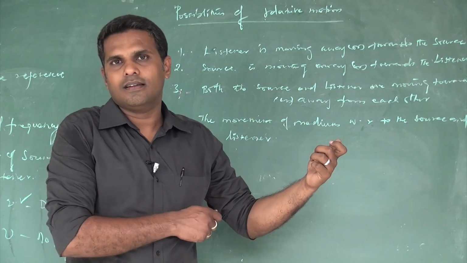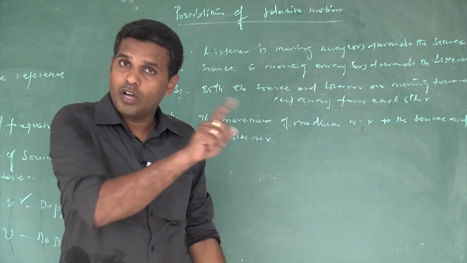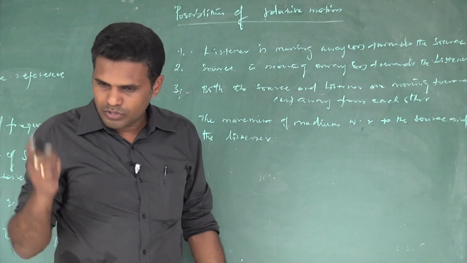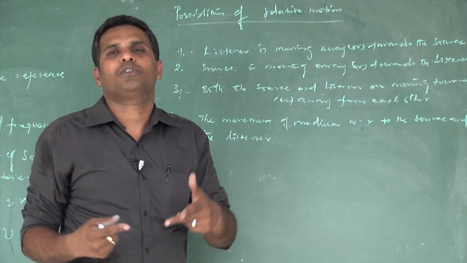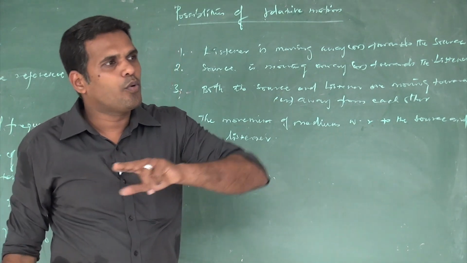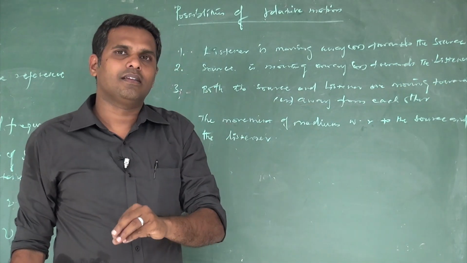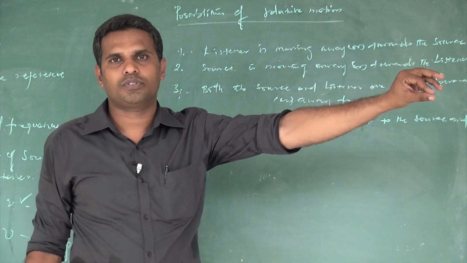You are the listener moving towards the source. Now, you are very close to the car and you don't want to hear the annoying sound, so you are moving away from the sounding source. Either you can move towards the source or you can move away from the source.